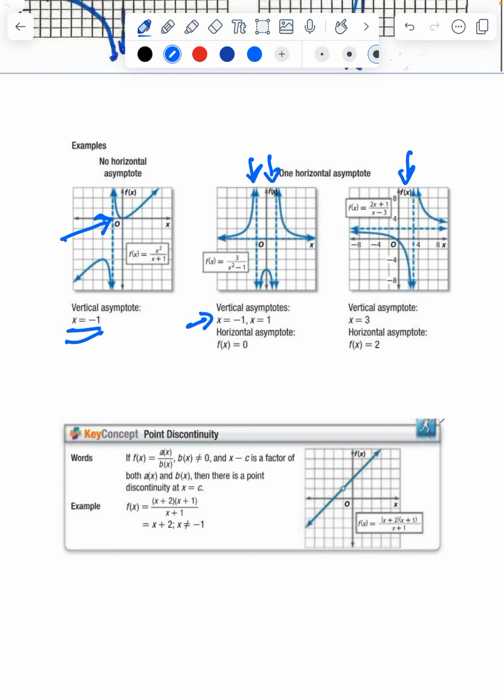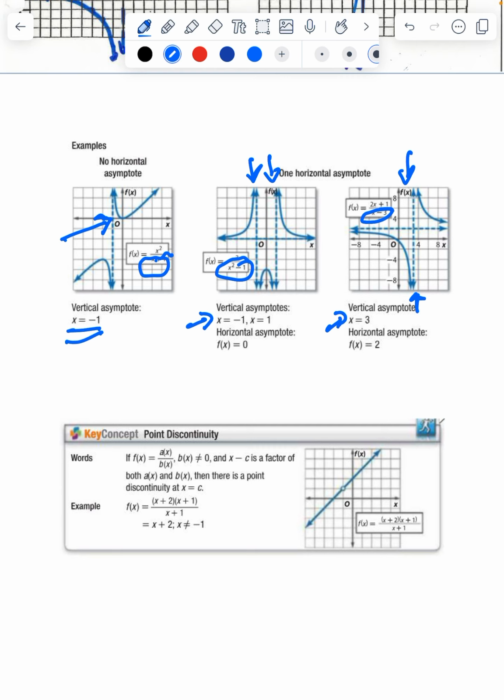Here, it's x equals -1 and x equals +1. In both of those cases, that is where the denominator equals 0. And in this last case, it's where x equals +3, again, because that's where the denominator equals 0.